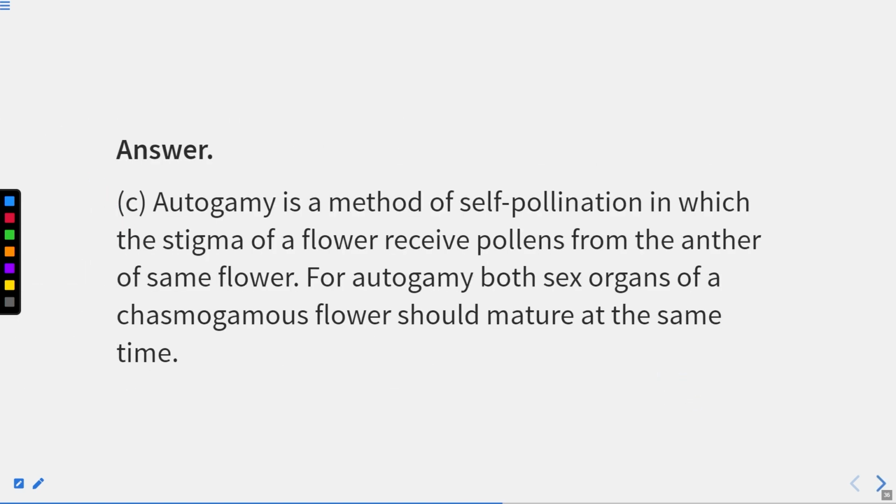Option C is the correct answer here. Why? Because autogamy is a method of self-pollination in which the stigma of the flower receives pollen from the anther of the same flower. So for autogamy, both the sex organs of the chasmogamous flower should mature at the same time. Then only self-pollination can take place.